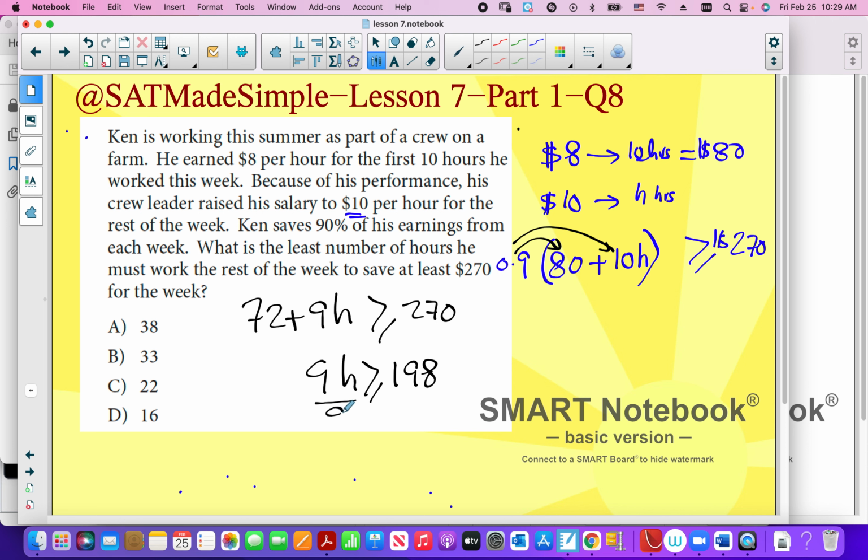Divide by 9, divide by 9. So h should be greater than or equal to 22 hours, making C the correct choice.